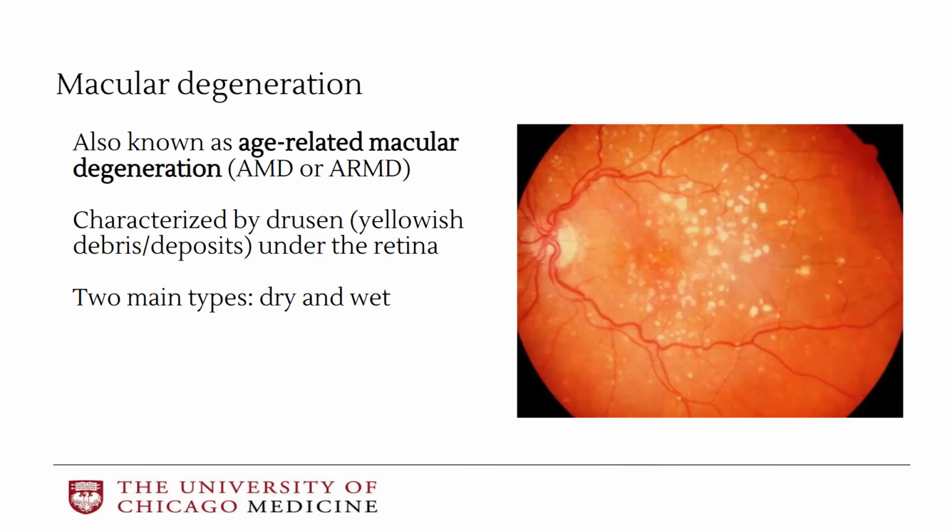Just to the right of the optic nerve is an area called the macula. The macula is the part of the retina that is responsible for our central vision.